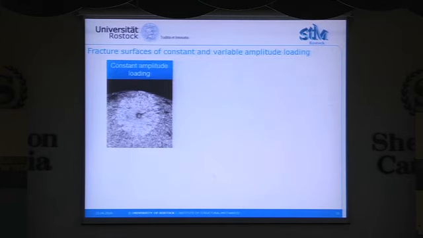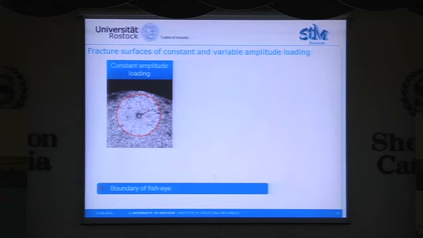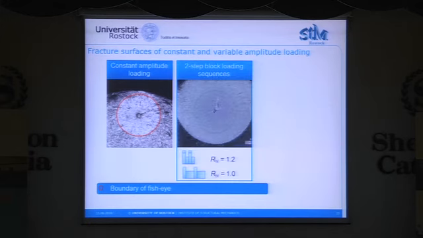For the determination of the fatigue crack growth rate within the fish eye, we have to consider the surfaces. At first, here is the constant amplitude loading with a typical fish eye fracture and the inclusion in the middle. And if we look at the two-step block loading sequence, we have again the inclusion in the middle and we have the boundary of the fish eye, but I hope you can see we have arrest marks, which are different in spacing and also different in the region where they exist.